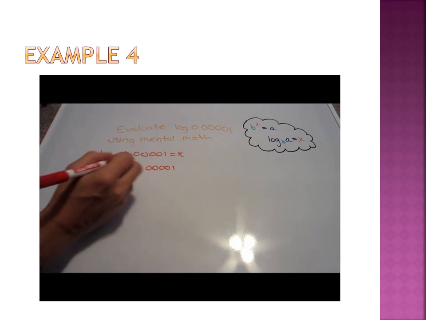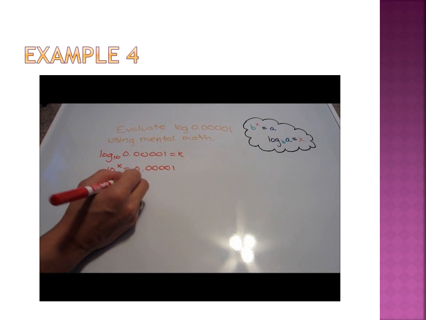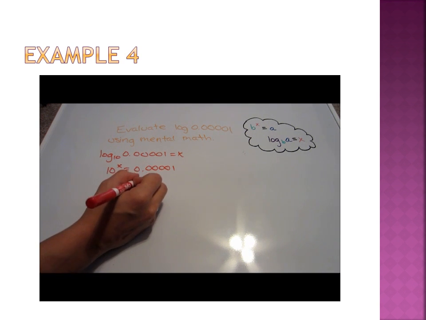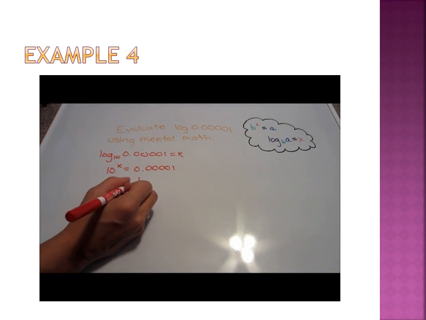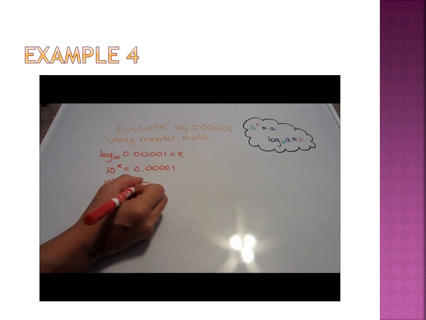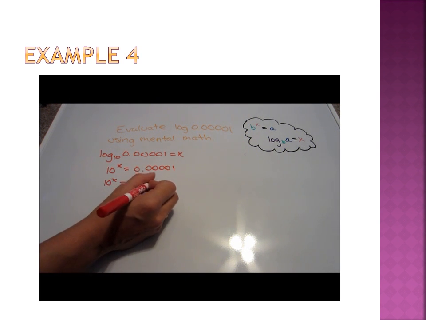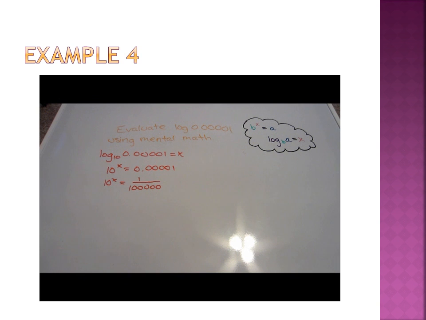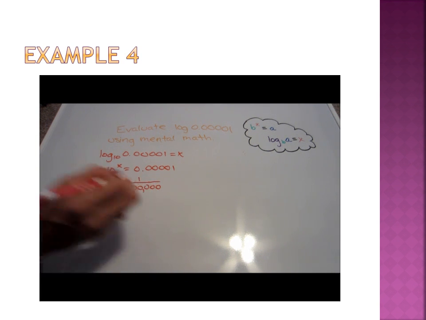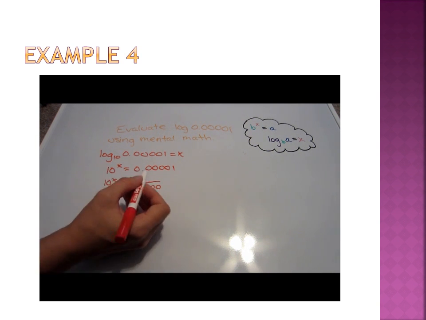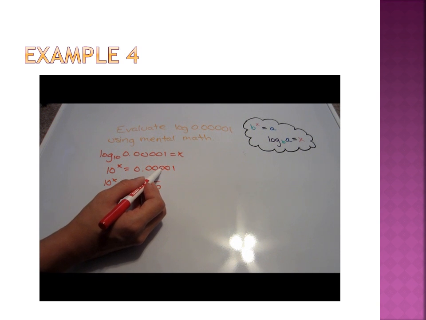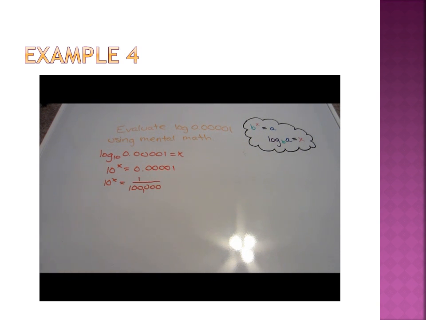Now we can rewrite this one as a fraction. 10 to the x is equal to 1 over 100,000. So we have tenths, hundredths, thousandths, ten-thousandths, hundred-thousandths.